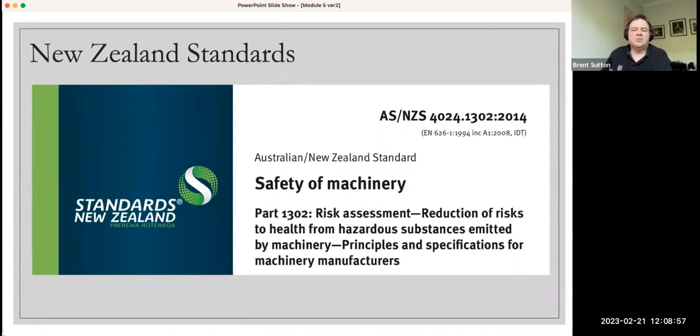And there's another standard called 1303, which looks at how to reduce risks from hazardous substances emitted by machinery. So I can think of a lot of machinery where, as part of the production process or part of the material process, a hazardous substance is being introduced.